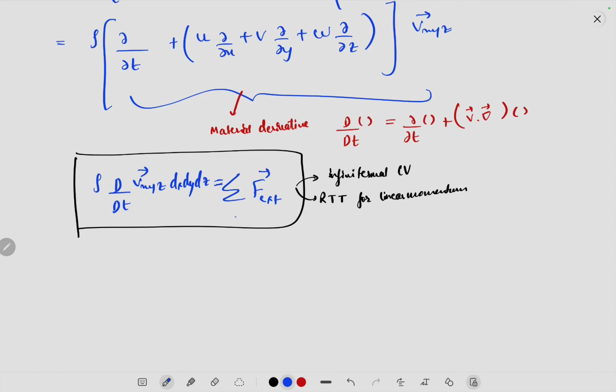Okay, alright, so it may look to you that dy dt is acting on vxyz and also dx dy dz. That's actually not the case, so let's just write it outside dx dy dz and dy dt v xyz.